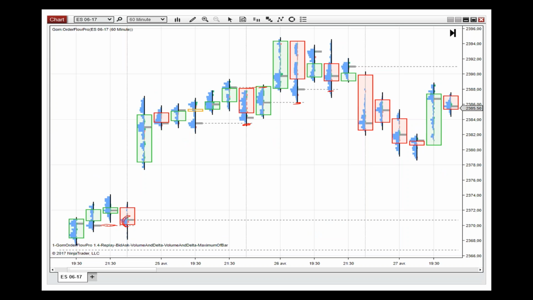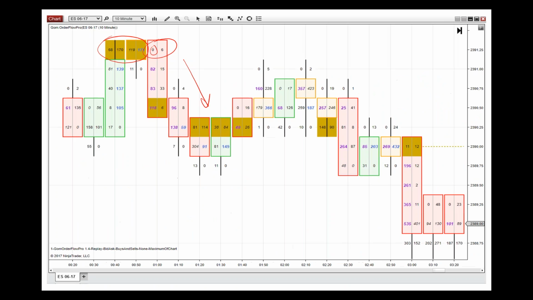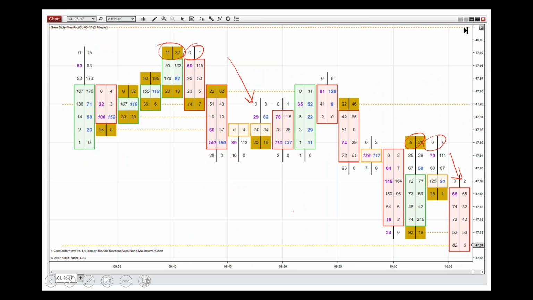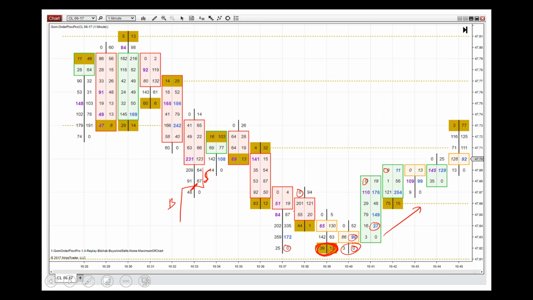Maybe now I can answer a few questions. Okay, let's see. Does it print the box when the imbalance happens?